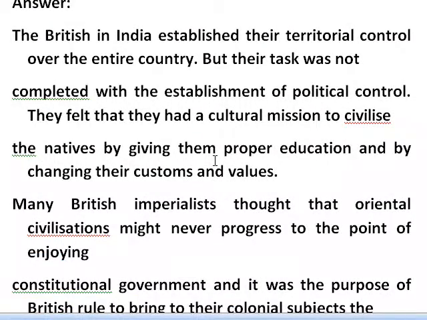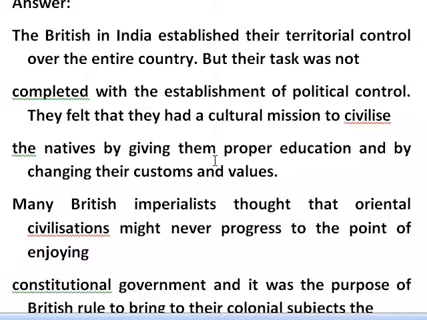The British in India established their territorial control over the entire country, but their task was not completed with the establishment of political control. They felt that they had a cultural mission of civilizing the natives by giving them proper education and by changing their customs and values.